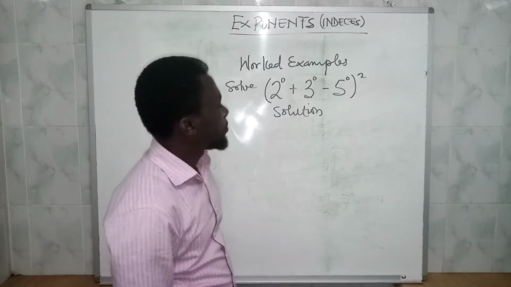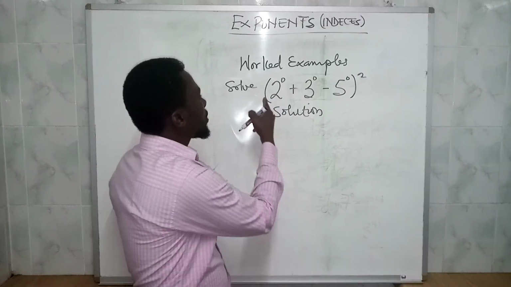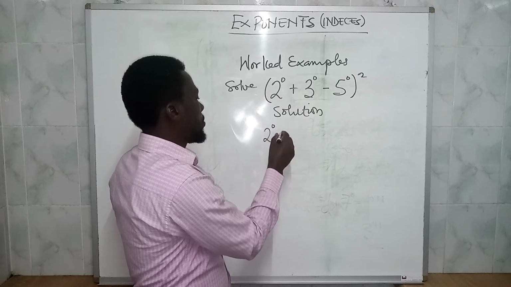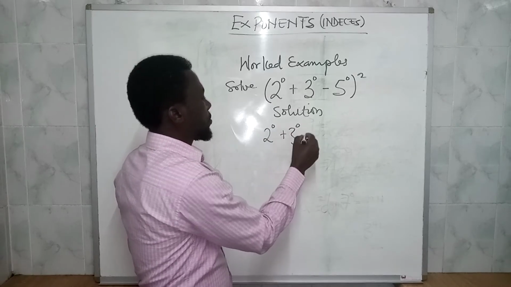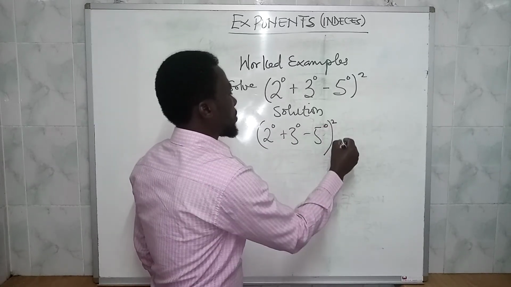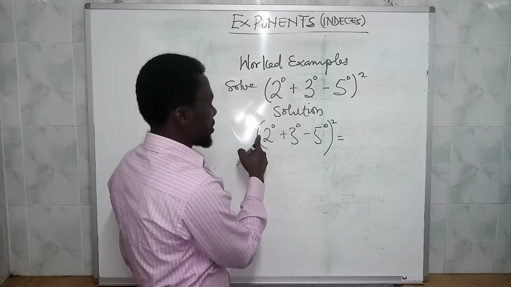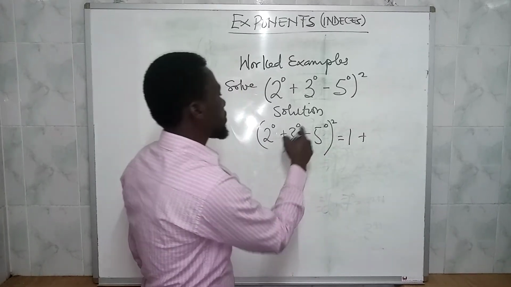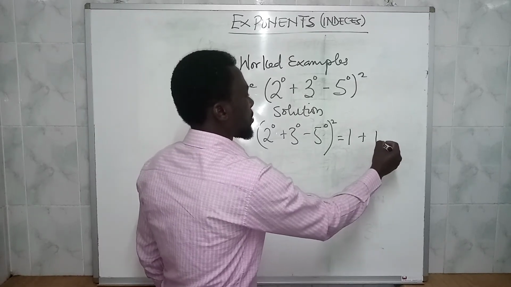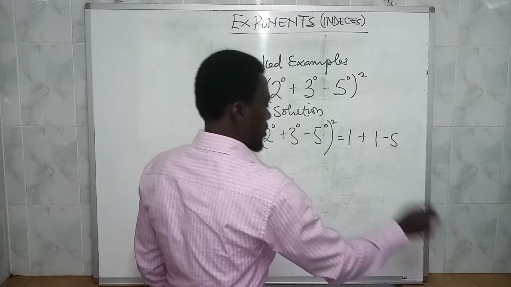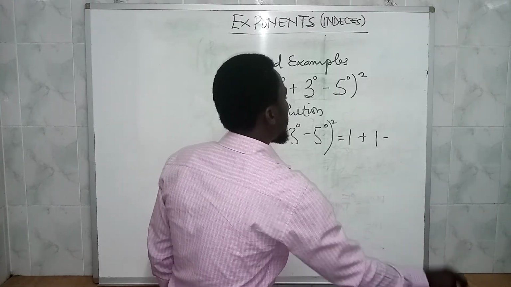Now, what do we do here? The solution: 2 raised to the power 0 plus 3 raised to the power 0 minus 5 raised to the power 0, all raised to the power 2. This is equal to, we come here, 2 raised to the power 0 is 1, plus 3 raised to the power 0 is 1, minus 5 raised to the power 0, which is 1 also.